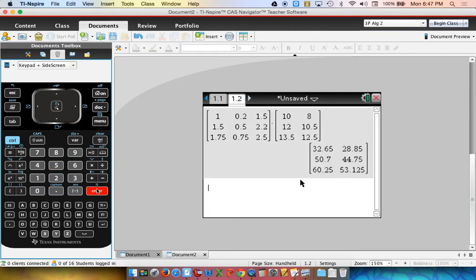So I'm going to hit enter, and it's going to tell us all these lovely answers. Unfortunately, I foolishly didn't copy these down, and I really want them on the other page, so you're going to have to bear with me a moment as I go back and forth. 32.65, 50.7.